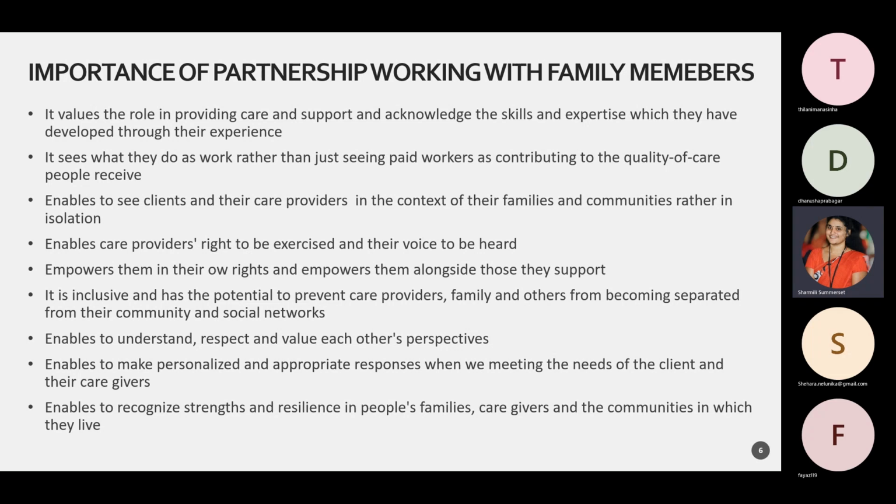It enables us to see clients and their care providers in the context of their families and communities rather than in isolation. Yes, so when you are having a collaboration with the family, you can identify how the family members are treating the patient, right? Whether they are involving the patient, including them, or discriminating. Because actually it's happening for elderly people.